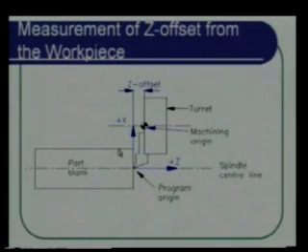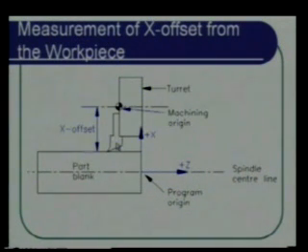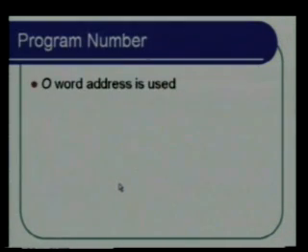It's not 0, but whatever is going to be the radius of the part blank. So you will put it and then you will be able to measure whatever is going to be the offset value.